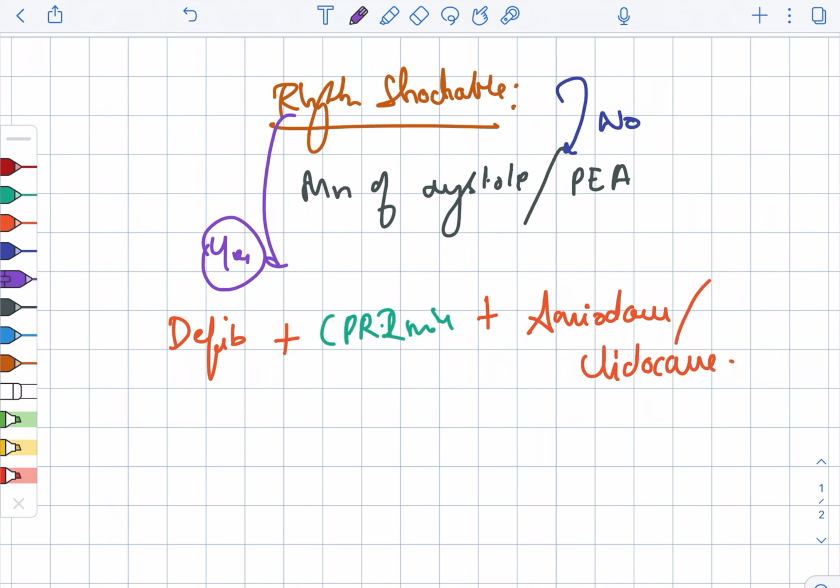Now, in case the ROSC is maintained, if it is yes, we go to post cardiac arrest care, and in case it is no, it goes back to the first step where the rhythm is checked as shockable or not.